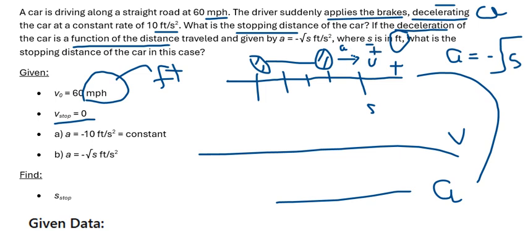When you stop, the object will feel the acceleration pulling you to the back, in the negative direction. So try to get all of that into your head, and that's why we wrote it here.